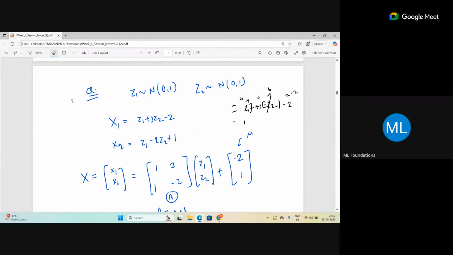That is what we have written: minus 2 and 1. Variance also you can find, but the covariance is more difficult to find, though not impossible. So the variance of x1 is what?